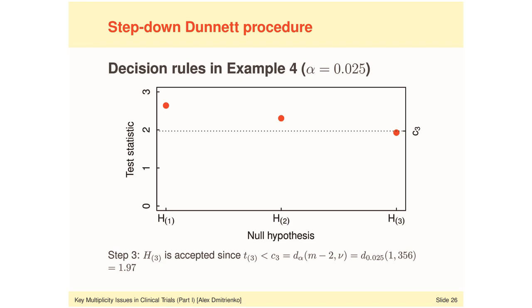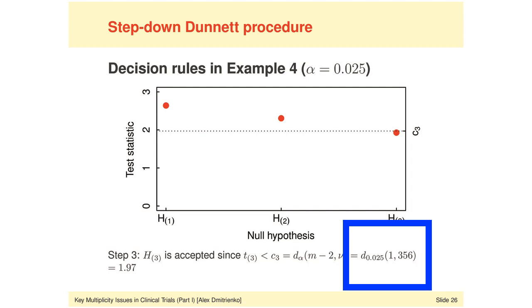And now finally the critical value. In step 3, this critical value is computed as if there is no multiplicity in this problem. The number of hypotheses is only 1, and we see that the first parameter in the formula used for computing the adjusted critical value, C3, is set to m minus 2, which is 1, and therefore the resulting adjusted critical value is only 1.97.